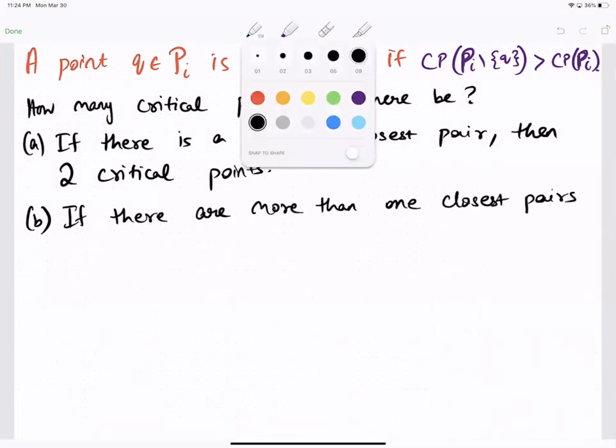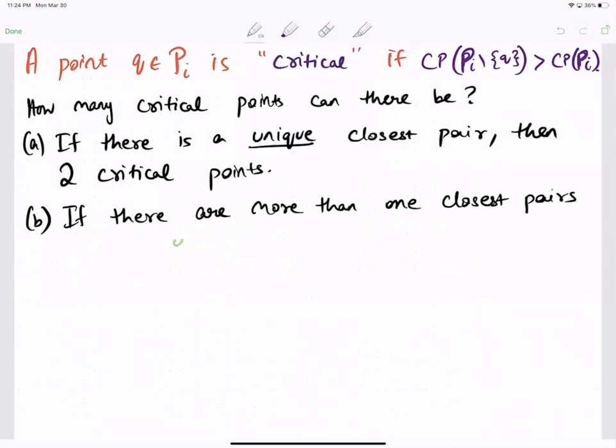Yes, it can happen. You could have a pair like this, another pair like this, both with equal distance between them. Then if you look at this definition, there are zero critical points. Just go through this definition and look at this scenario. It turns out none of the points can be critical points.